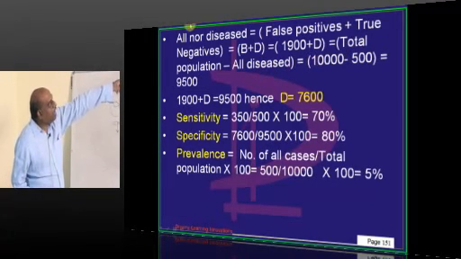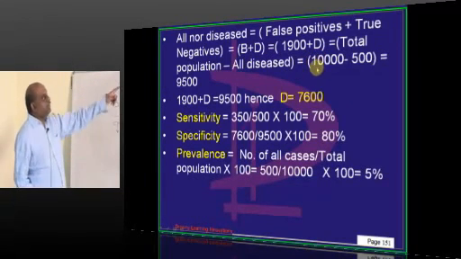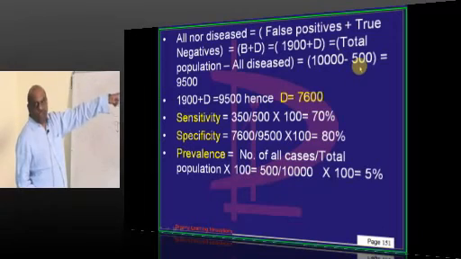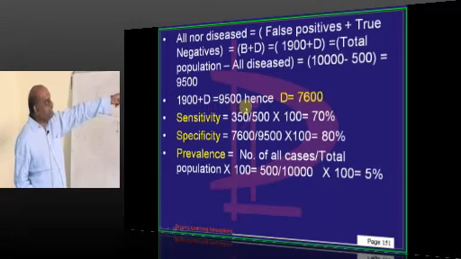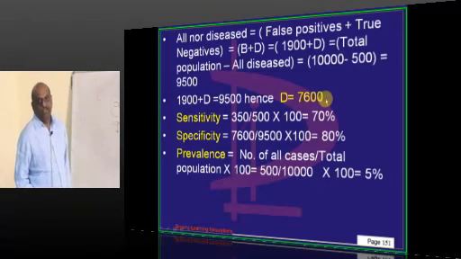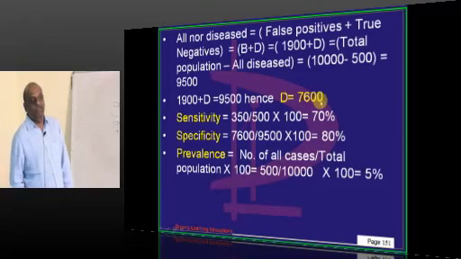If you subtract it, you get all who are not diseased, and that includes B plus D. So 10,000 total population minus 500 who are all diseased. If you subtract, you get 9,500. So 1900 plus D is 9,500. Hence D is 9,500 minus 1900, that becomes 7,600.